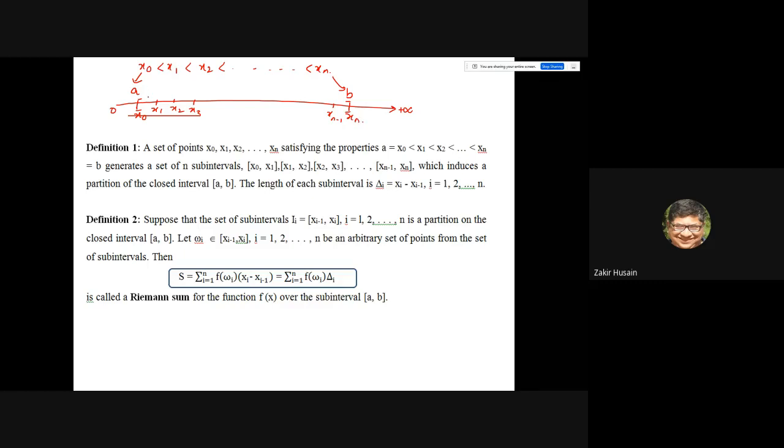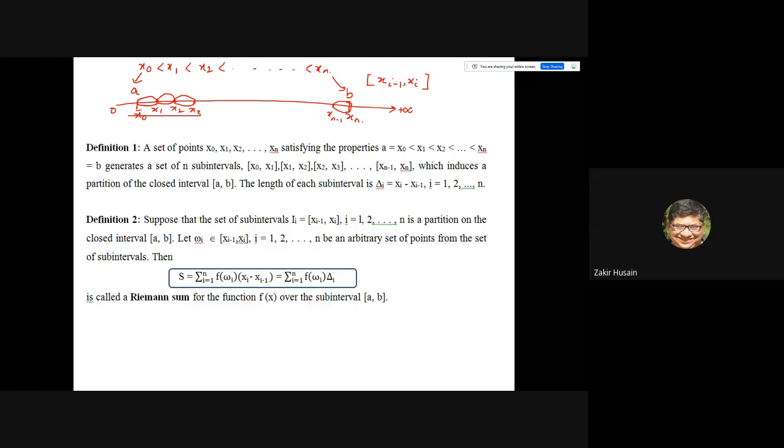Right? So we have closed subintervals. Each of these are closed subintervals. Right? So this interval is divided into subintervals. How do we define the subinterval? x(i minus 1) to xi.